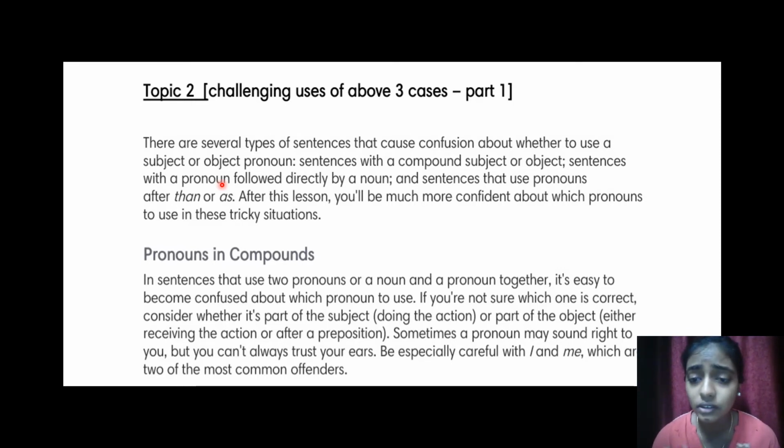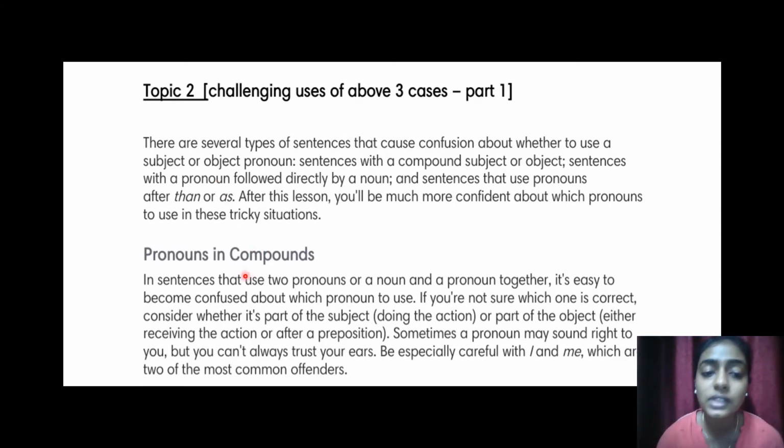So in this module, we'll be looking into the common errors that can come up and how we can reduce our confusion and use the correct pronoun.